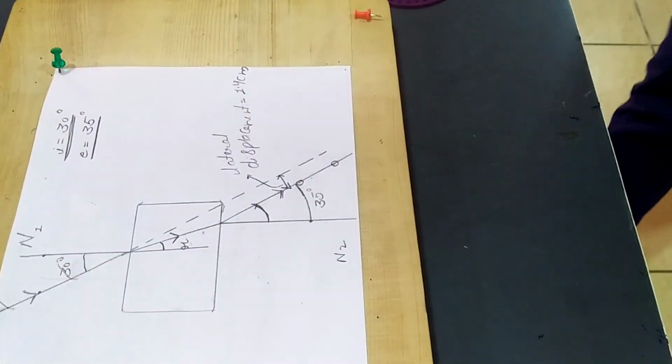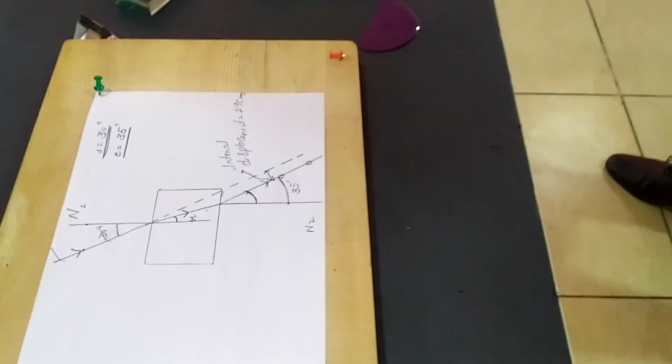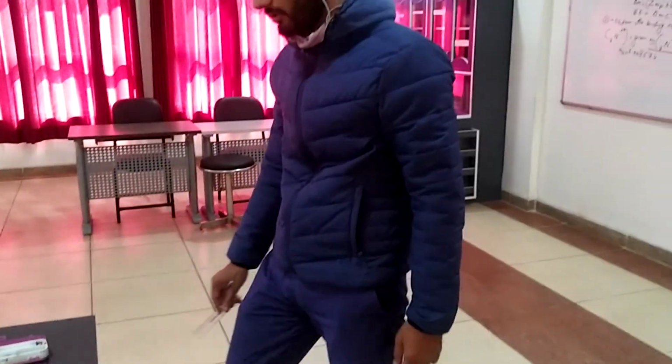You can have a look at the data properly. So for an angle of 30 degree, angle of emergence is 35, lateral displacement is 1.4. Now you can take the same readings, like you can calculate the angle of emergence and lateral displacement for different angles as well, 35, 40 and so on.